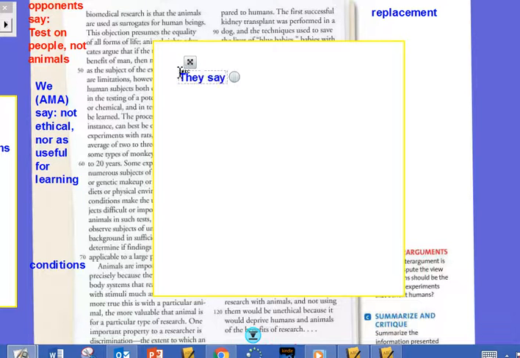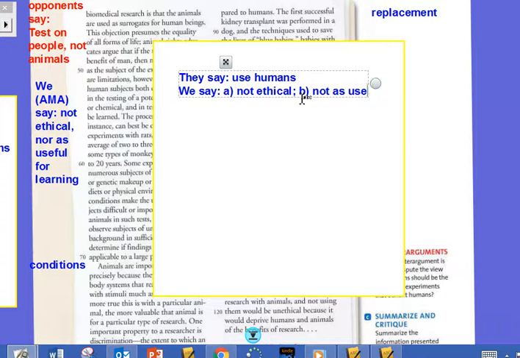They say use humans. We, the scientists, say that's a bad idea. It's a bad idea because A, it's not ethical, and B, it's not useful. You can't get the same information that you can from animal experiments. So it's not as useful.